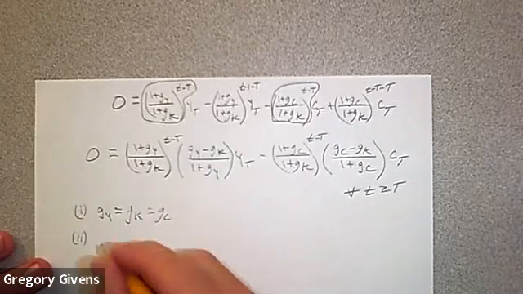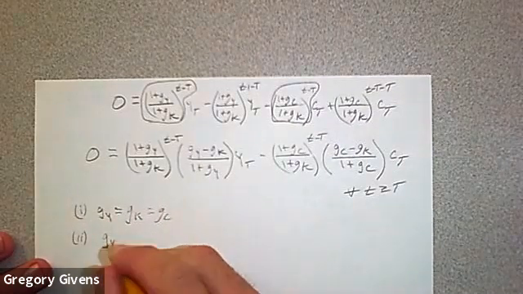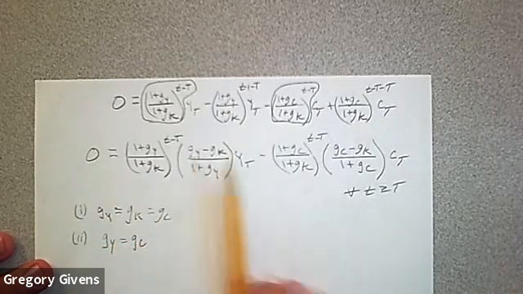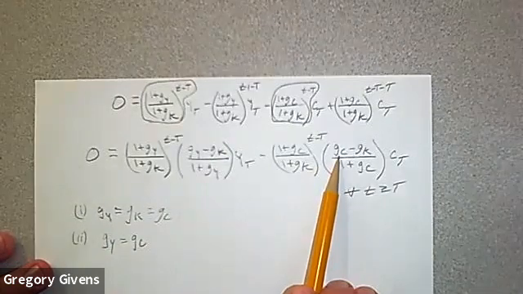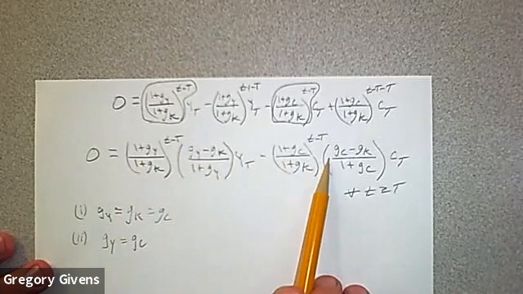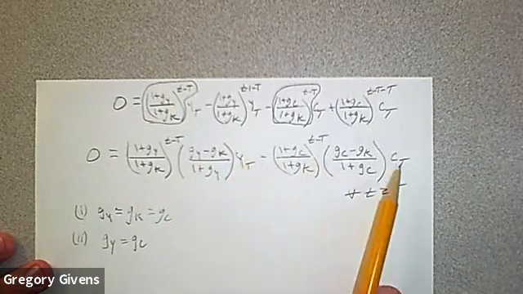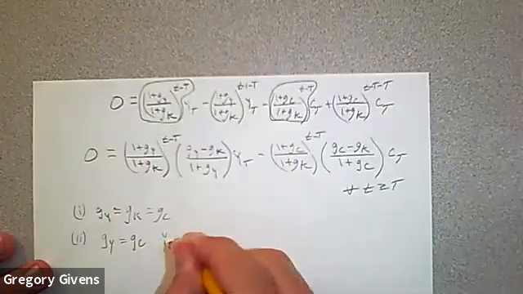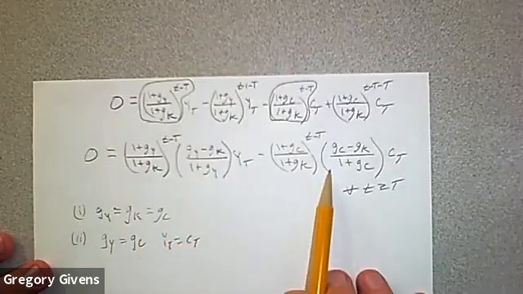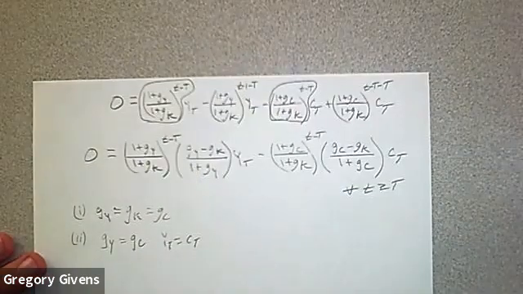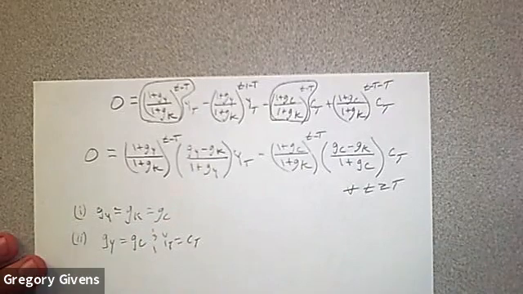What if instead gy was equal to gc? So gy and gc are the same. So this term over here and this term over here are equal except for y cap t and c cap t. Well, if y cap t is equal to c cap t, then the right term and the left term are equal, and the whole thing is equal to 0. So that's certainly another way for that equation to be equal to 0.